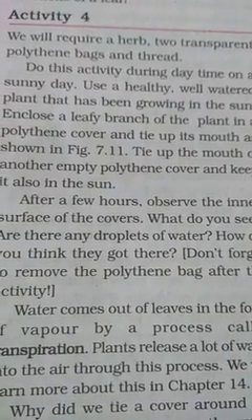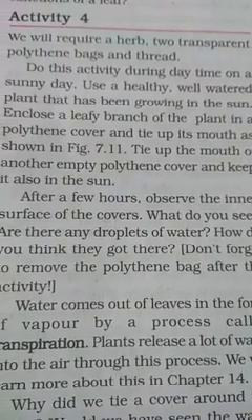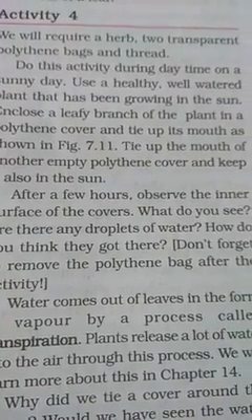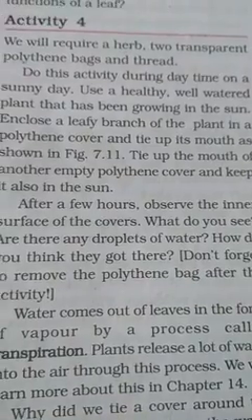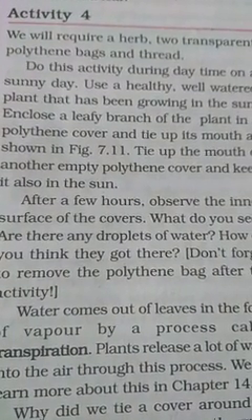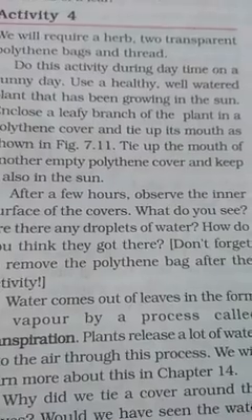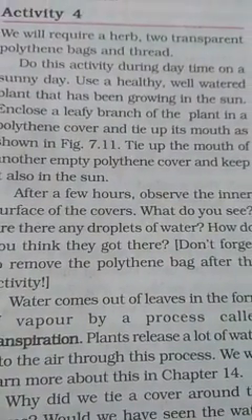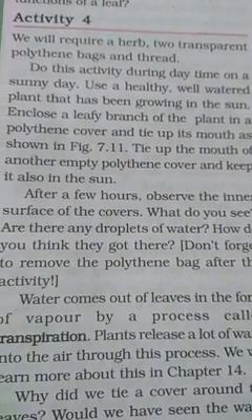We will require a herb, 2 transparent polythene bags and a thread. Enclose a leafy branch of a plant in a polythene cover and tie it at its mouth as shown in this picture.